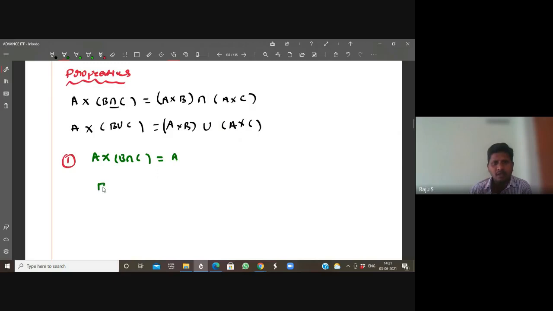Before that, B intersection C has no common elements, that is the empty set, the null set. Whenever it is the null set, A cross null set becomes what? Null. Am I right? Yes, sir. So the LHS value, A cross (B intersection C), is equal to the null set.